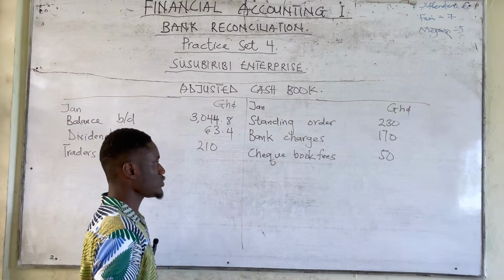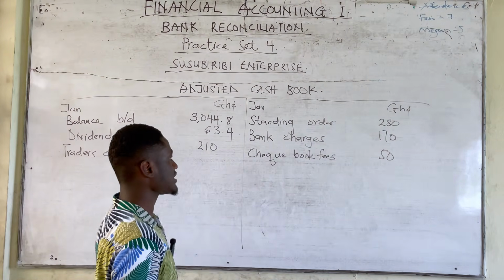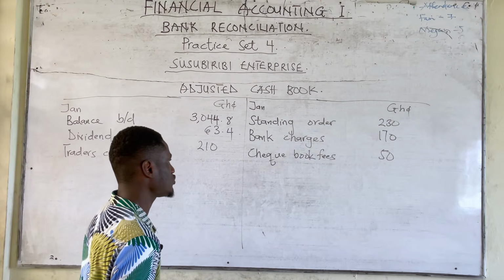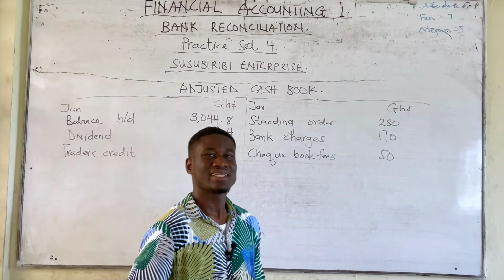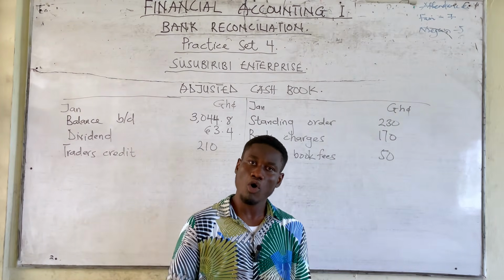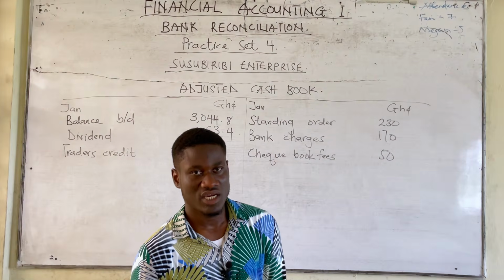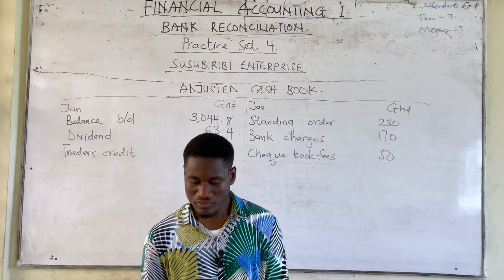So after this, we are done with the items that we are supposed to record in the adjusted cash book. So now we'll find our balance c/d. That's going to be the actual amount that was supposed to be recorded or shown in the what? Cash book. Do you get it? Good. So that's what we are going to record.